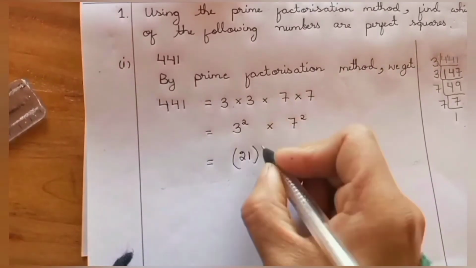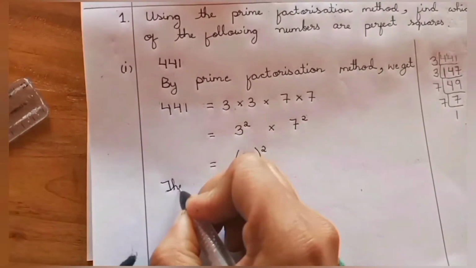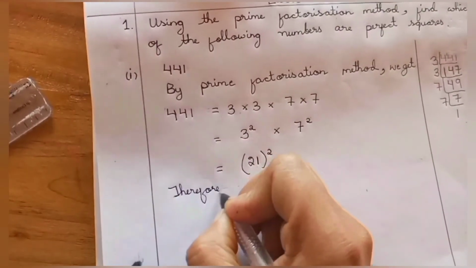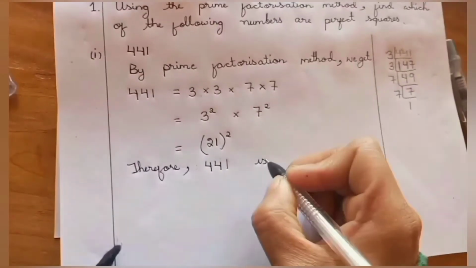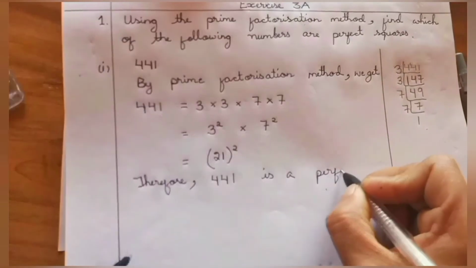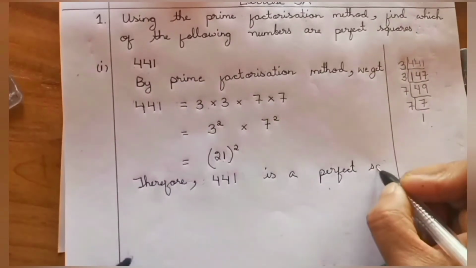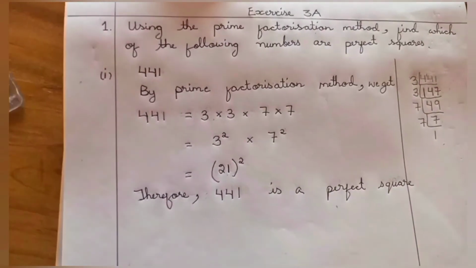So 21 square. So in the last line what will you write? Therefore, 441 is a perfect square. So that is your answer.